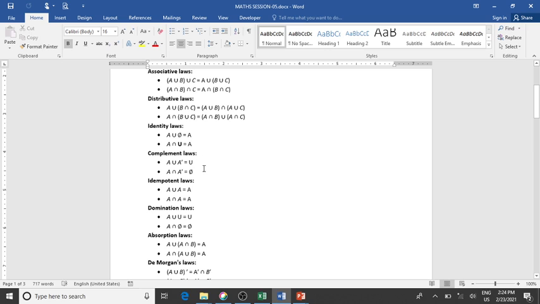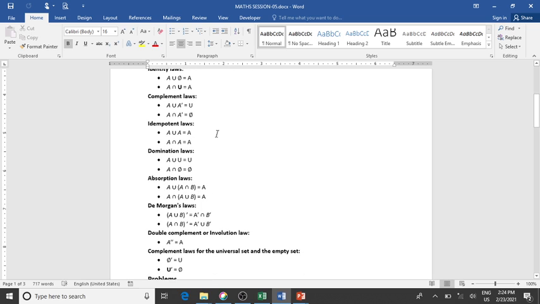Next is complement law. A union A dash, that is the complement of A, gives rise to the universal set, and A intersection A complement gives rise to the null set. Next is idempotent law. A union A is nothing but A. Similarly, A intersection A is A itself.